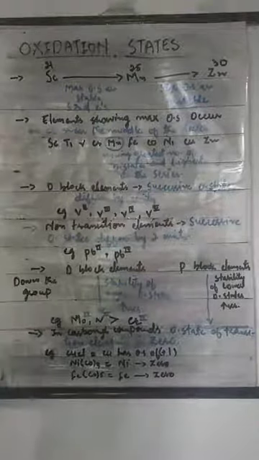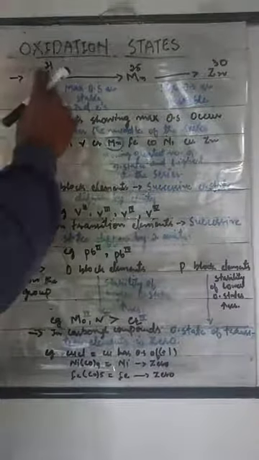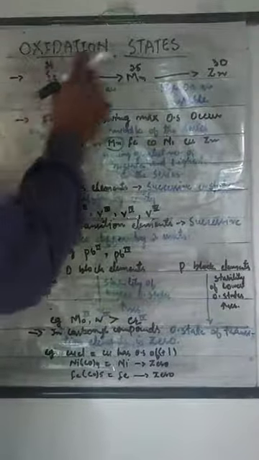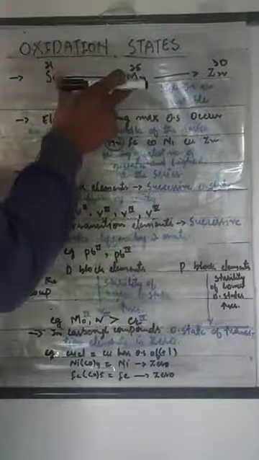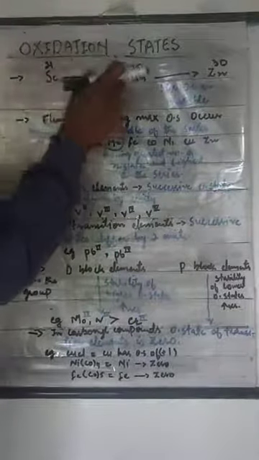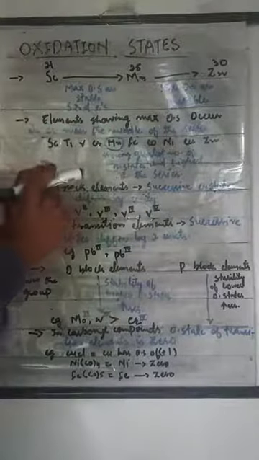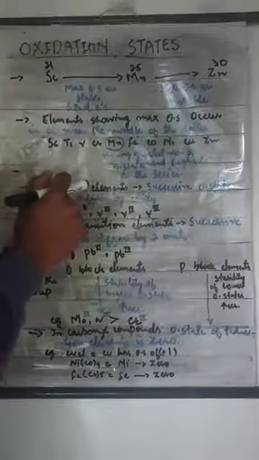The very first point is that when we move from left to right in a row, up to the middle of the series, when we move from scandium to manganese, maximum oxidation states are stable, and those oxidation states involve electrons from S and D subshells.